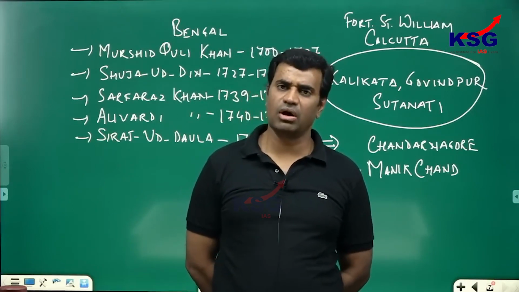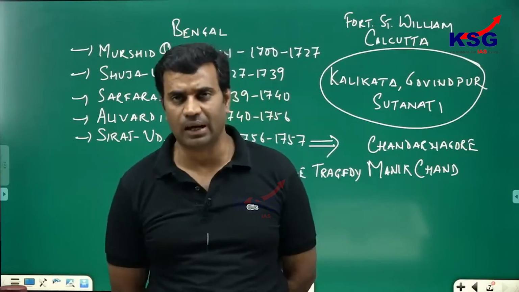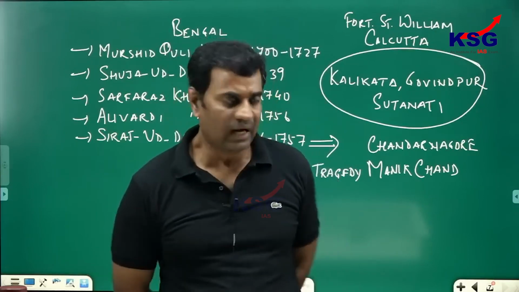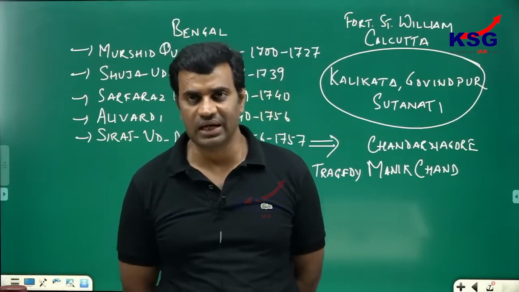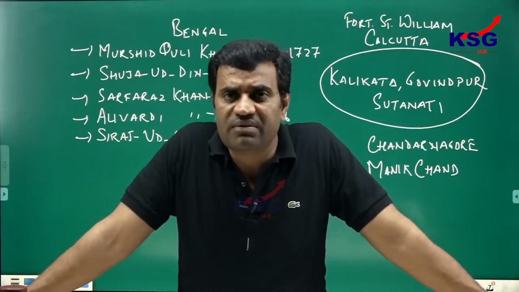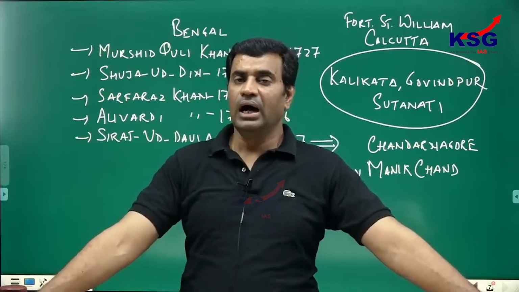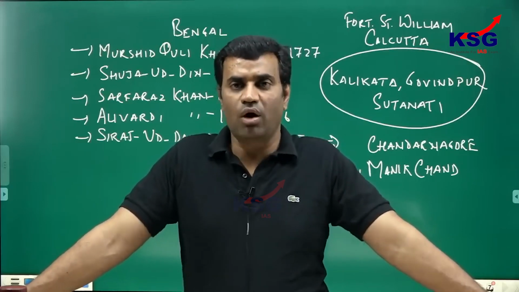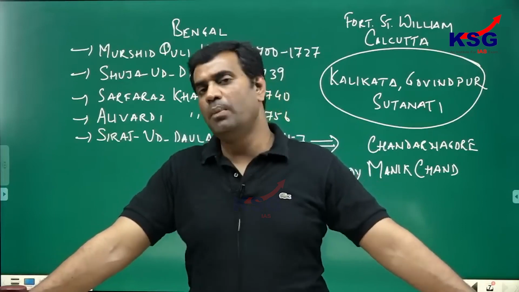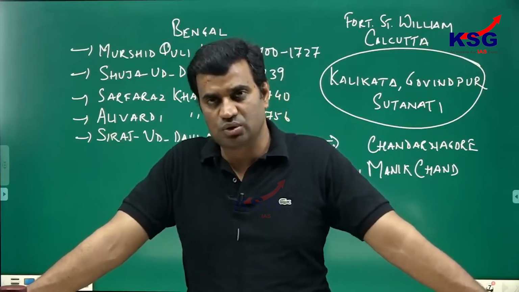He also coordinated with Rai Durlab, Jagat Seth, the leading trader, and even the officer in charge of Calcutta, Manik Chand. Since the feeling of patriotism was not very strong in India, all these officers shifted their loyalty, and after taking them into confidence, Robert Clive challenged Siraj-ud-Daulah.